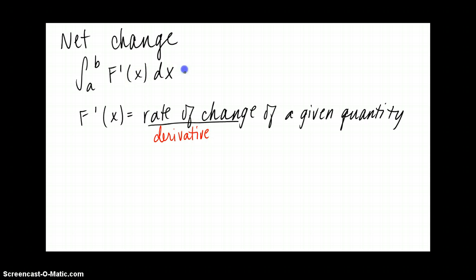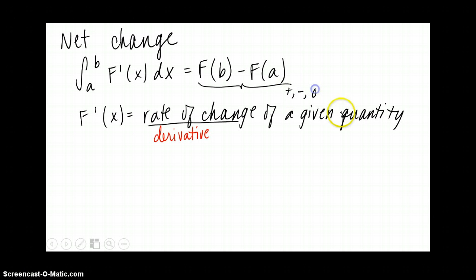Well, if we take the antiderivative of f, big F prime, that would give us big F. And by the fundamental theorem, we plug in the upper bound and subtract the value we get on the lower bound. Okay, so what is this? We know that when we use the fundamental theorem, this value can be positive, negative, or 0. So what does that represent specifically?